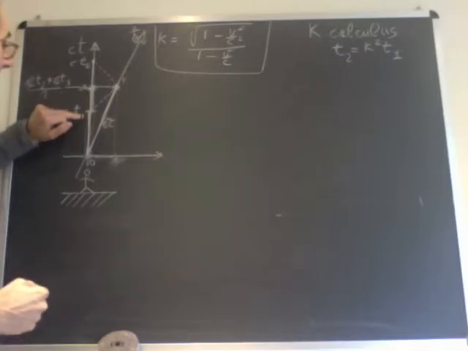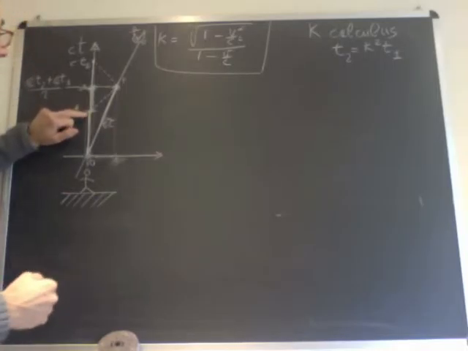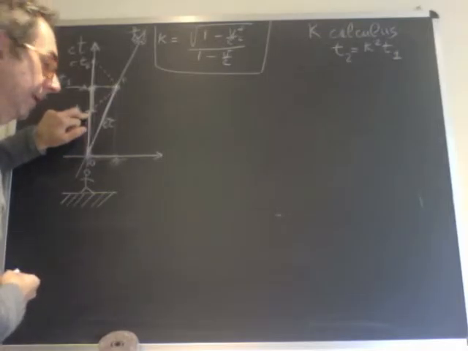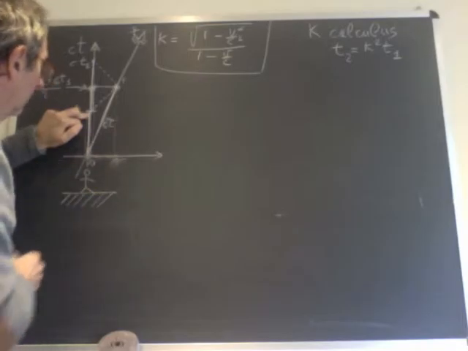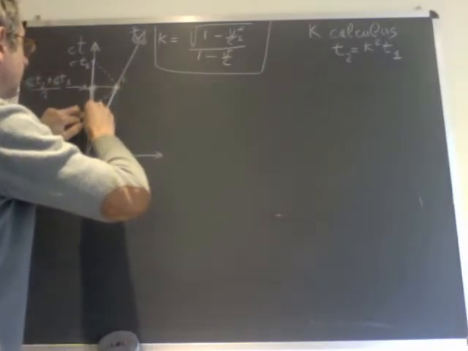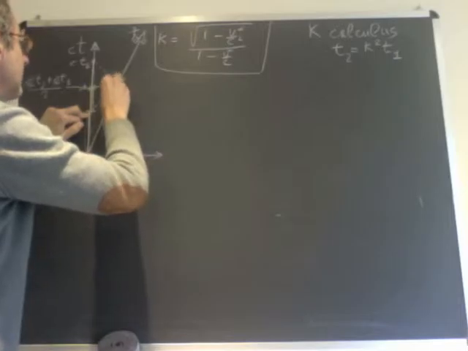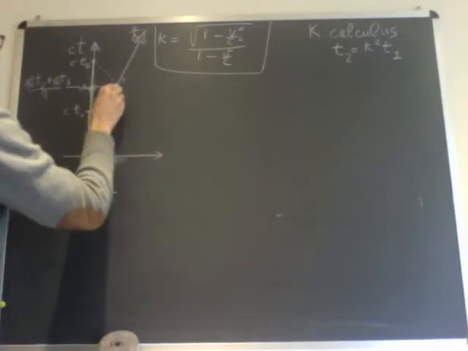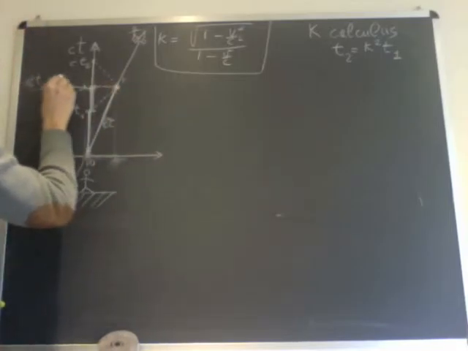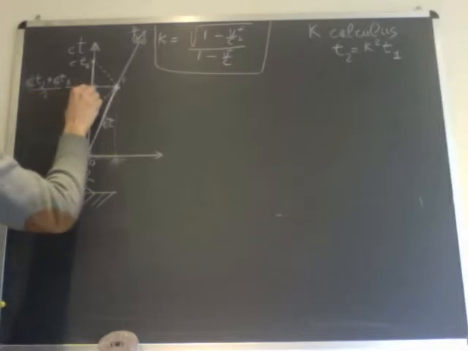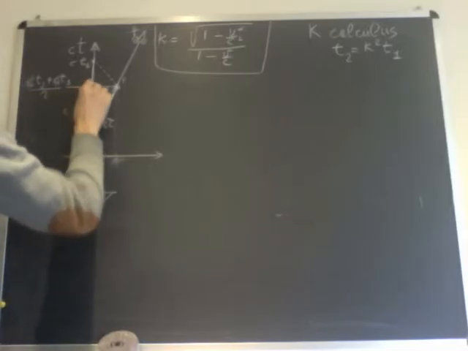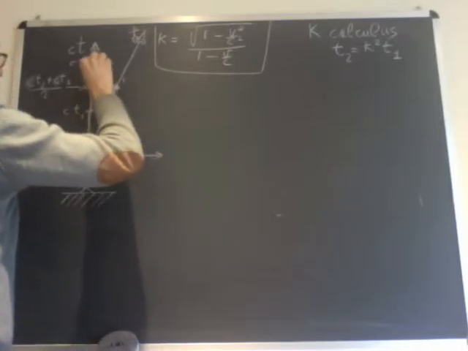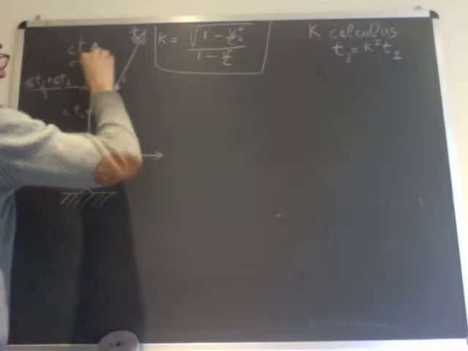We said that at the terrestrial time t1, a beam of light is sent by the man on the Earth towards the rocket, and it reaches it at the event, the point in space-time P, after a time t1 plus t2 over 2 in terrestrial time. Because t1 is the moment when it leaves, and t2 is when it arrives back to Earth, reflected.